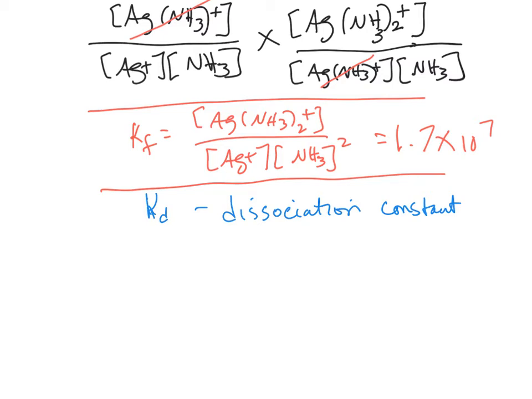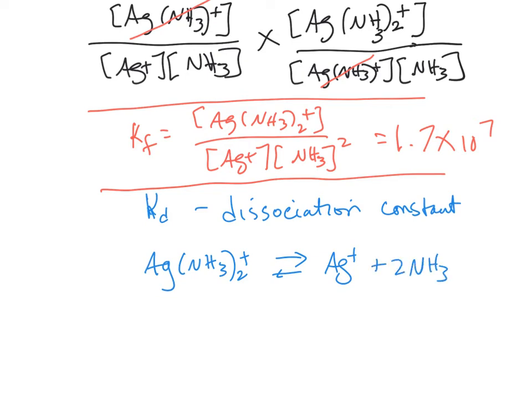You have the silver diammonia complex ion that has formed by reacting silver plus and ammonia, and NH3 2 plus aqueous is in equilibrium with silver plus aqueous plus 2NH3.